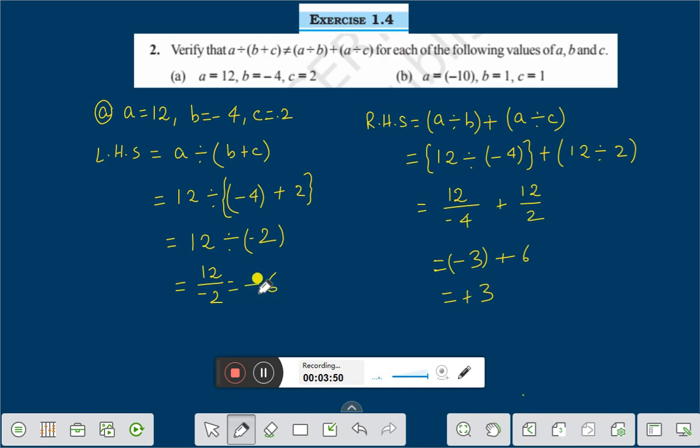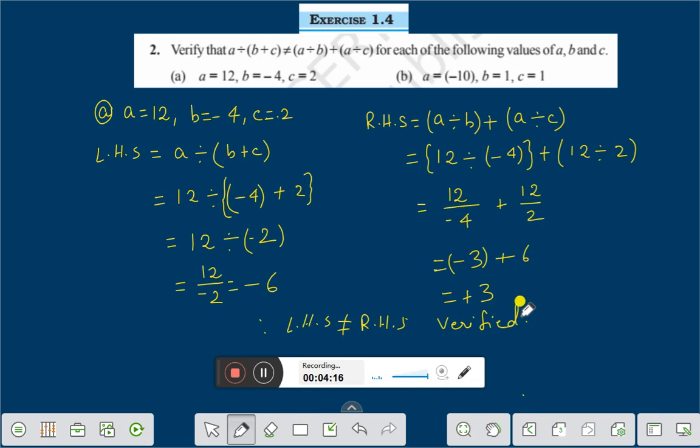Here you see, left hand side is minus 6, right hand side is plus 3. Therefore you can say that left hand side is not equal to right hand side. And thus A is verified. Now it is verified that it is not equal to, right?